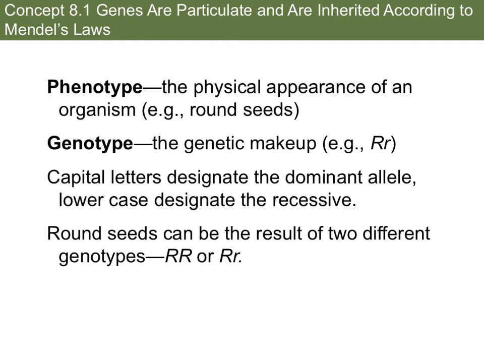We also now incorporate the terms phenotype, which is the physical appearance of an organism, and genotype, the genetic makeup of the organism. Capital letters designate the dominant allele, lowercase designates the recessive allele. For example, round seeds can be the result of 2 different genotypes, big R big R or big R little r.